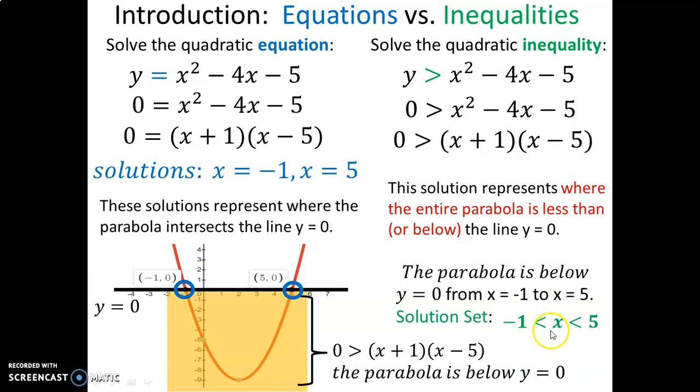That means x is greater than -1 but less than 5. So all those x values from -1 to 5 represent when this parabola is below the line y equals 0. So pause this slide and really absorb this idea carefully, because understanding it graphically is the key to working with these problems.